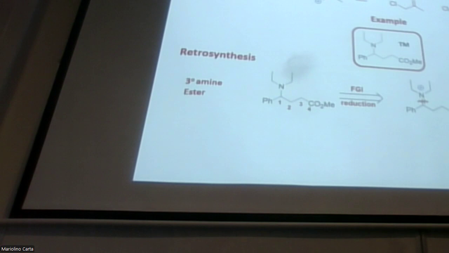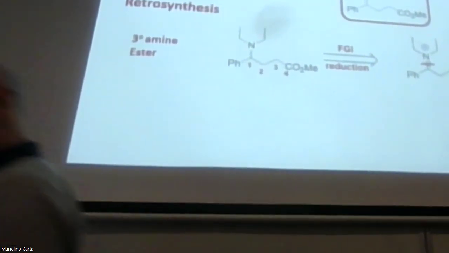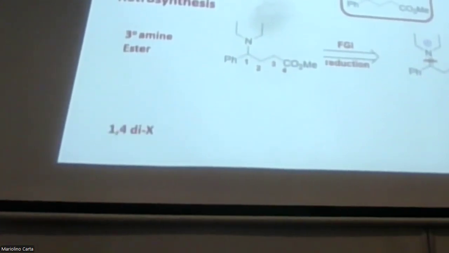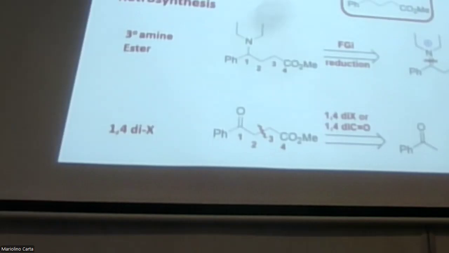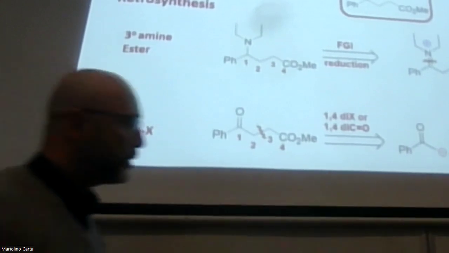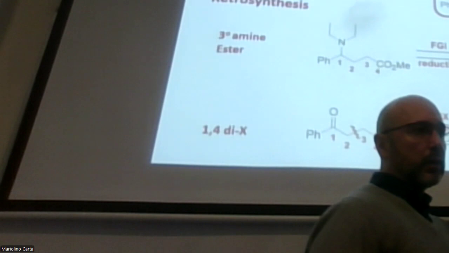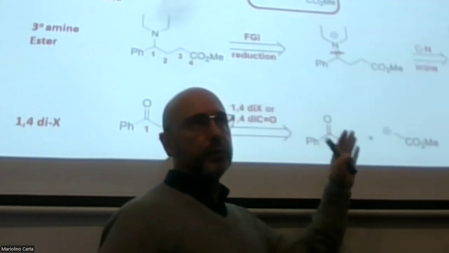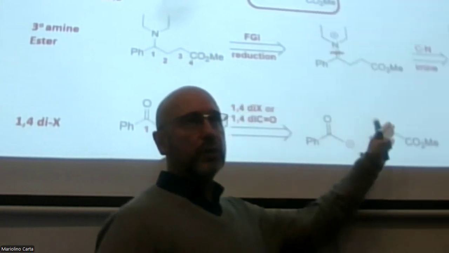So whatever you can do is simply disconnect in the middle. The good thing about the 1,4 is that they are easier to remember, because you always disconnect in the middle of the molecule. So you disconnect between 2 and 3, and you have these fragments, and you can put the negative charge either on one side or on the other. It's equally good. Sometimes the choice is just a matter of which compound gives you the best option to put the negative charge here or the positive charge there.